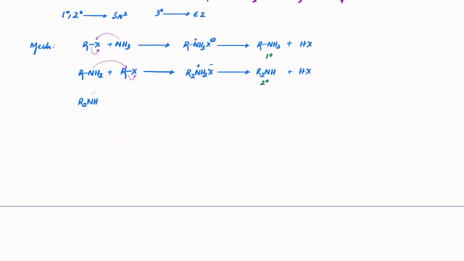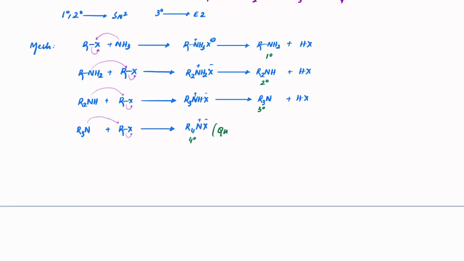The 2 degree becomes a feed for the next alkyl halide to get a 3 degree amine and HX. And the 3 degree amine becomes a feed for the next alkyl halide to get a quaternary ammonium salt. Every step is SN2 here.